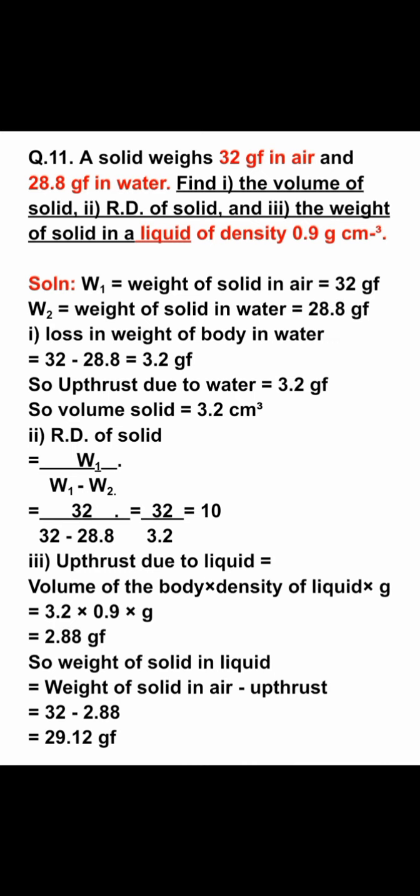The volume of the body from the first part is 3.2, and the density of the liquid given in the question is 0.9, into g. After multiplying we get 2.88 gf. So the weight of the solid in liquid equals the weight of the solid in air minus the upthrust due to liquid. So 32 minus 2.88 equals 29.12 gf, which is the answer.